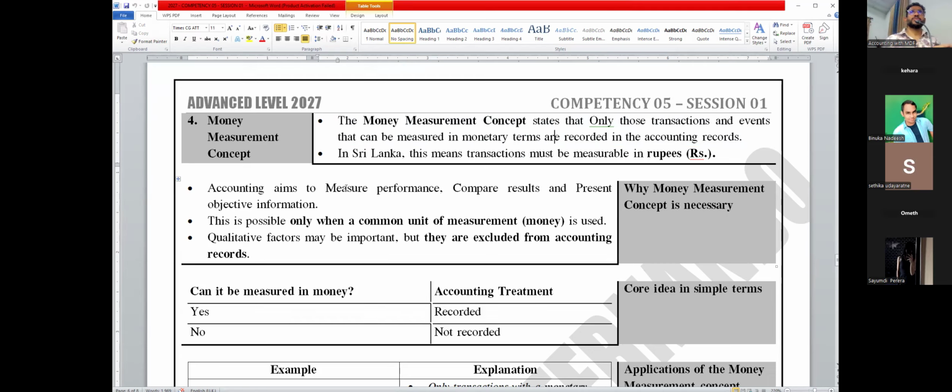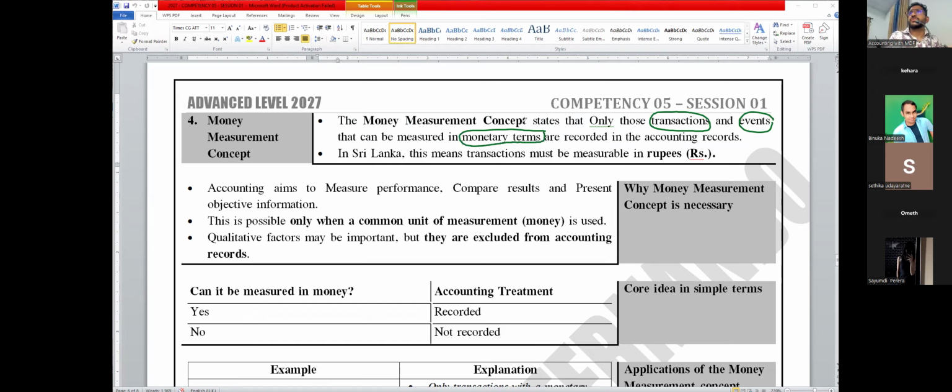It says, in financial statements, in financial accounting, you can record only the transactions and events that can be measured in monetary terms.